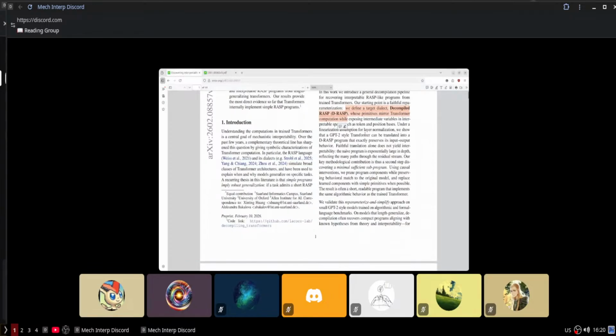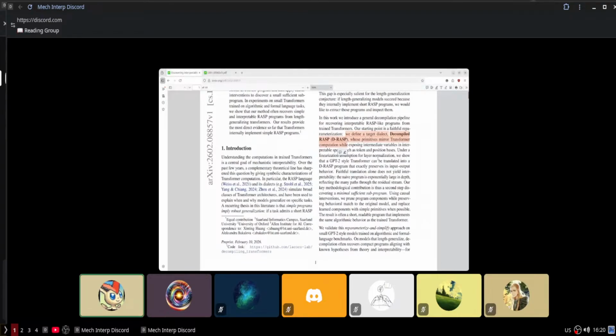RASP. Also, with this length generalizing transformers. Okay. Let's see.